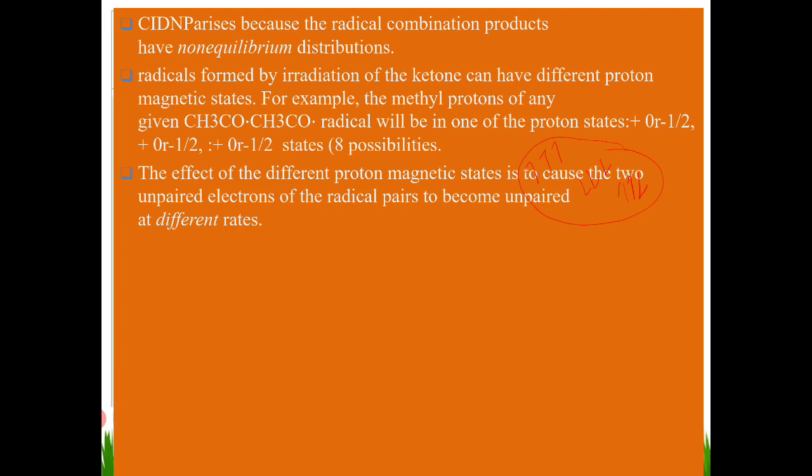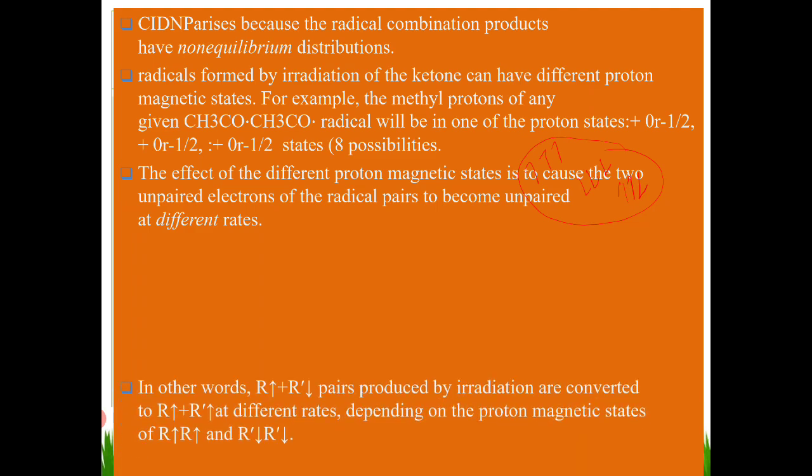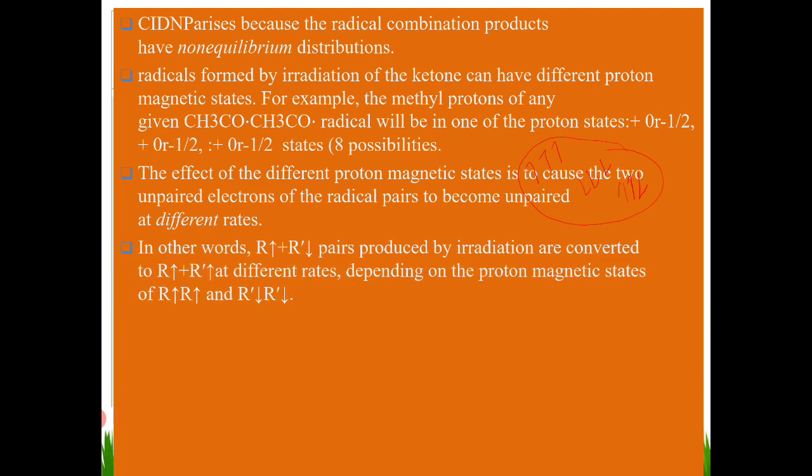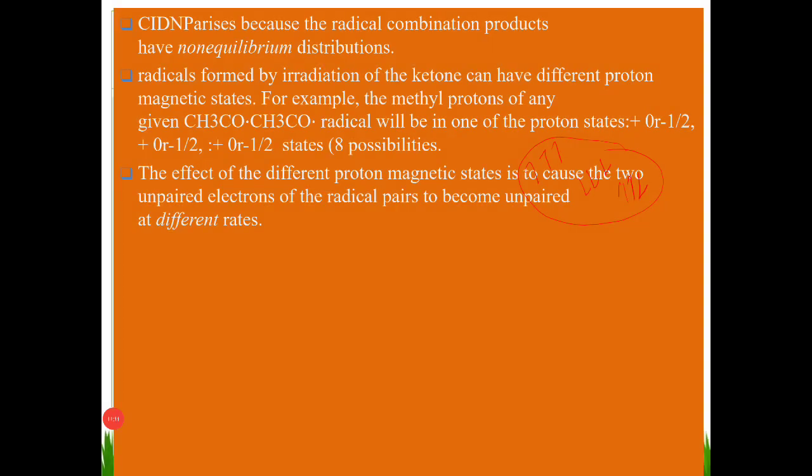The effect of the different proton magnetic states is to cause the 2 unpaired electrons of the radical pair to become unpaired at different rates. That means, are they going to get unpaired or are they going to get combined?